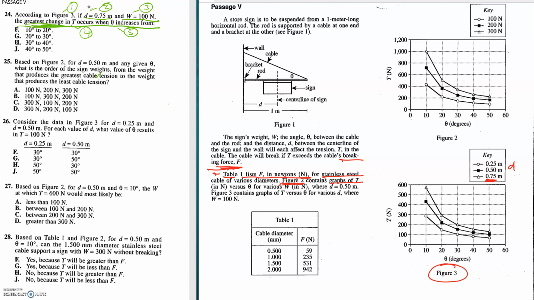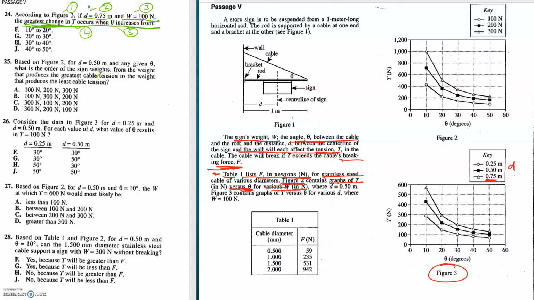T, I'm thinking it's tension, and will each affect the tension T. Okay, so figure 2 graphs of the tension in newtons versus theta. Theta is up here, is the angle between the cable, all right, and various W and N, and W is the sign's weight. Okay, I ended up having to read it, but fair enough.